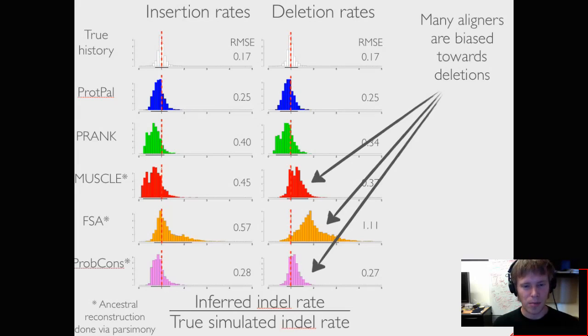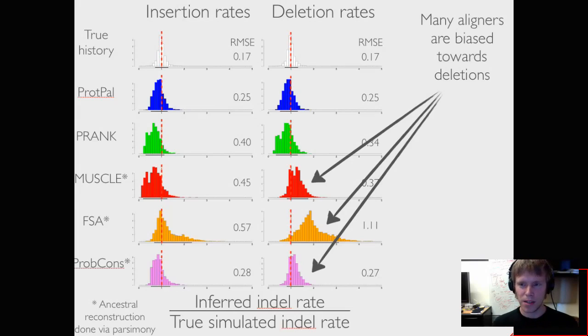But on the other hand, protein alignment in general, most aligners are very accurate, especially the top aligners like MUSCLE and FSA and ProbCons. They do really well in these other scores like the AMA or sum of pairs score. But it seems like in phylogenetic alignment, reconstructing evolutionary histories, most programs are not doing that well.